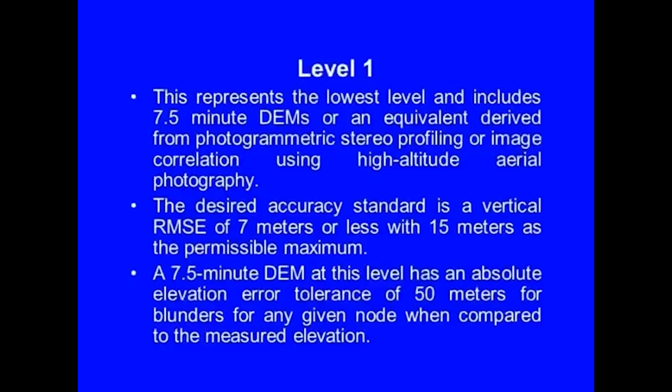The desired accuracy standard is a vertical RMSE of 7 meters or less, with 15 meters as the maximum permissible. A 7.5 minute DEM at this level has an absolute elevation error tolerance of 50 meters for blunders for any given node when compared to the measured elevation.